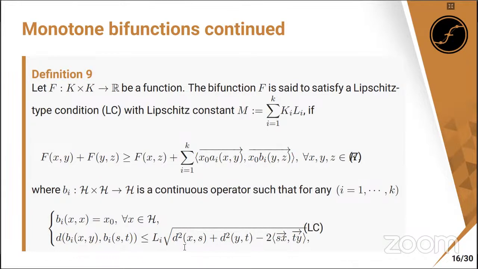And now we define another type of function. We say that F satisfies a Lipschitz type condition with Lipschitz constant M, which is given by this, if this relationship is satisfied for every point x, y, z in the set K. Where this function phi satisfies this relationship, it is just some kind of generalization of a Lipschitz continuous map.